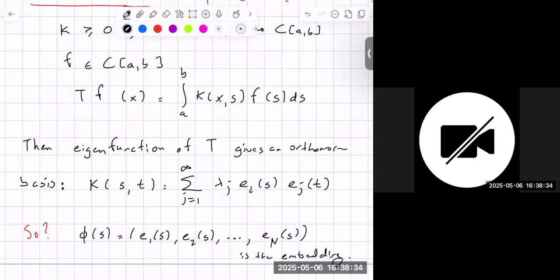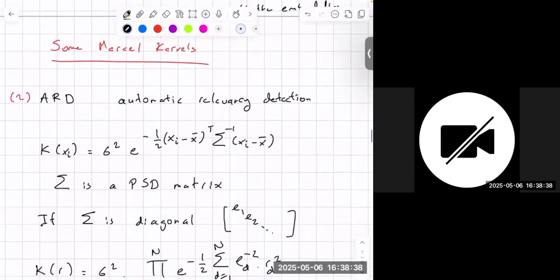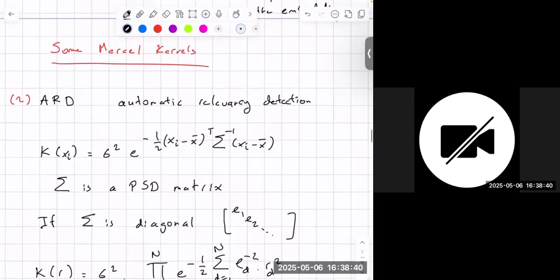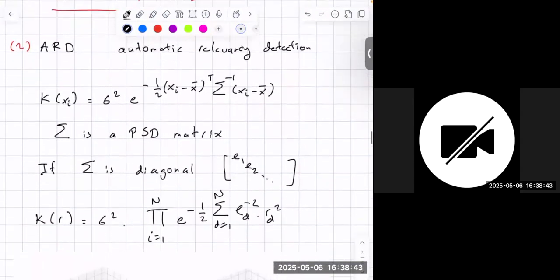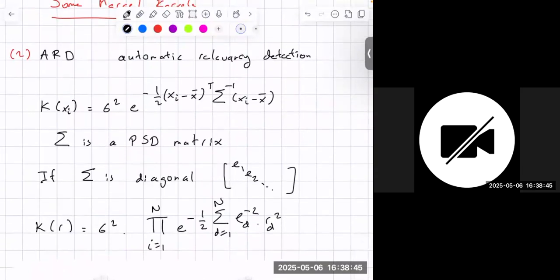Okay, very good. So here are some of such kernels. This is apparently called automatic relevancy detection. So what does it do? You take a diagonal matrix, you put some numbers here, and you put the inverse of it on top, right there.